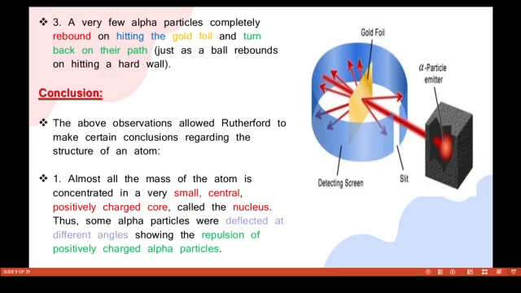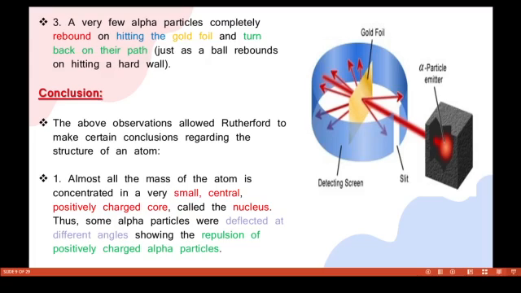Thus some alpha particles were deflected at different angles, showing the repulsion of positively charged alpha particles, because an alpha particle means helium, also a positively charged particle.